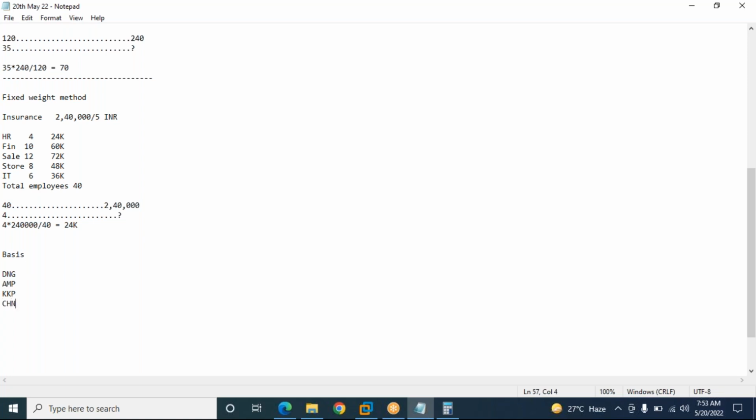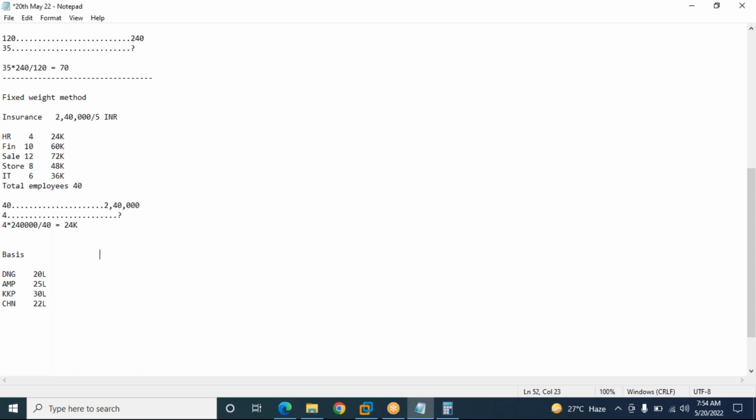Now here, sales in this month is 20 lakhs. Here sales is 25 lakhs. And here sales is 30 lakhs. And here sales is 22 lakhs.